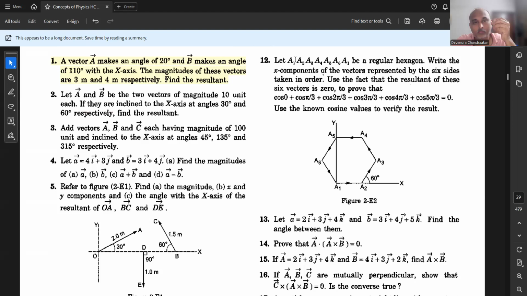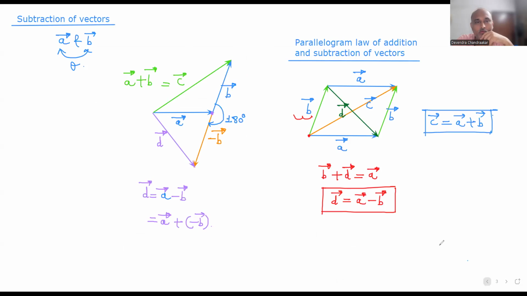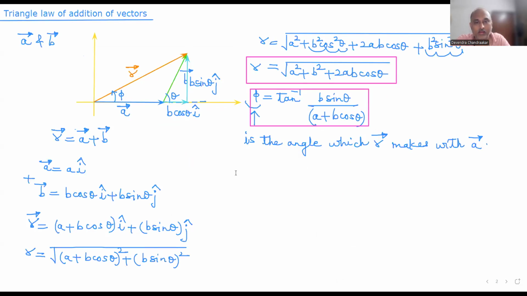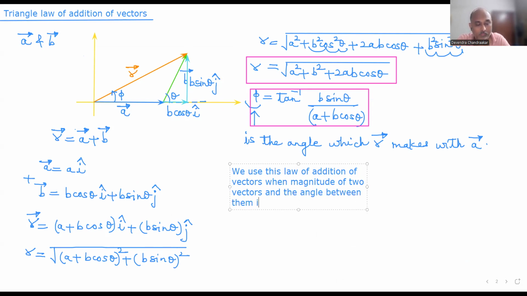One more thing which you should remember is, when do we use triangle law of addition of vectors? We use this law of addition of vectors when the magnitude of two vectors and the angle between them is given. ठीक है?